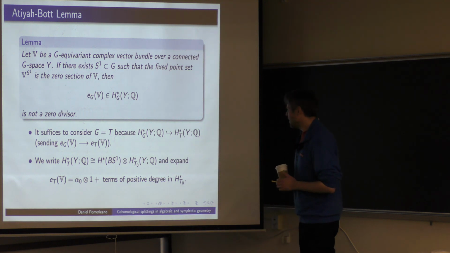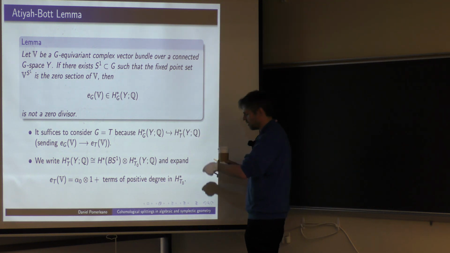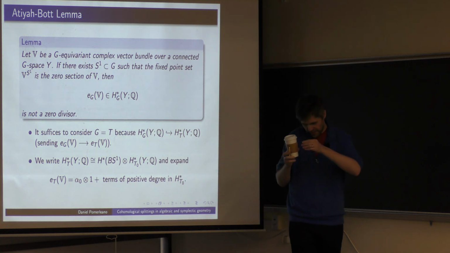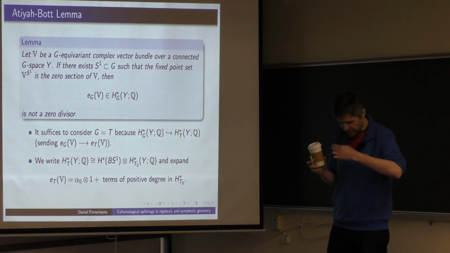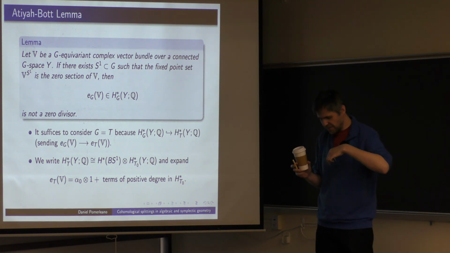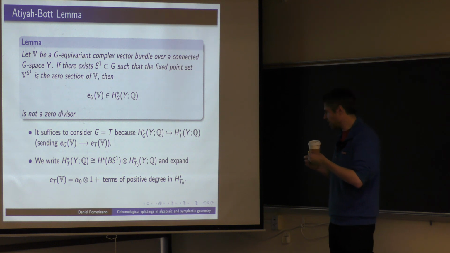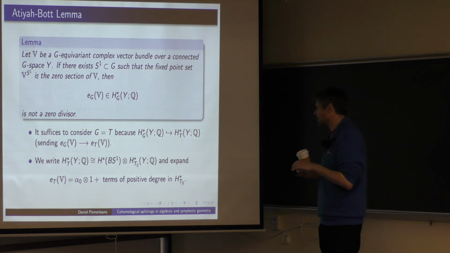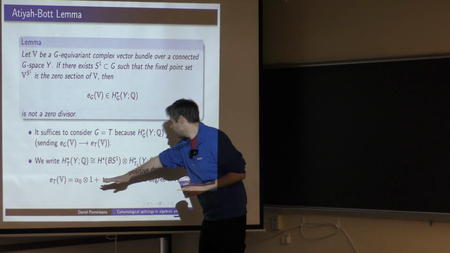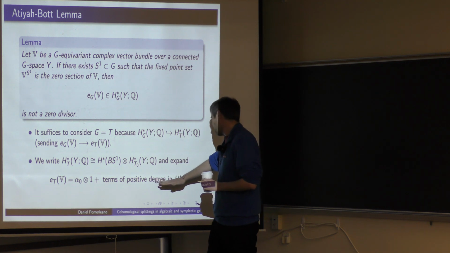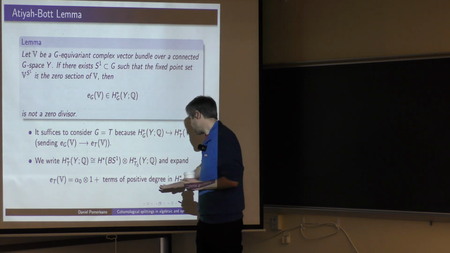Then for your Euler class over a point, the hypothesis says that if you look at the representation at the tangent space of any point, you have some non-trivial zeroth order term to your Euler class, plus terms of positive degree.